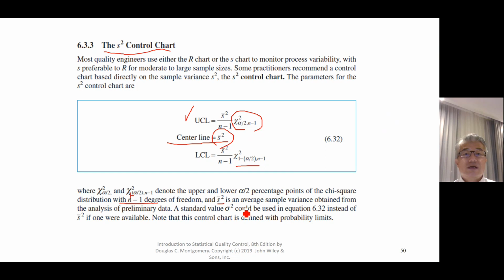And then S square bar is the average sample variance obtained from the analysis of preliminary data, so this is collected in Phase 1. A standard value sigma naught square can be used in equation 6.32 instead of the grand average if one were available. Note that this control chart is defined with probability limits.